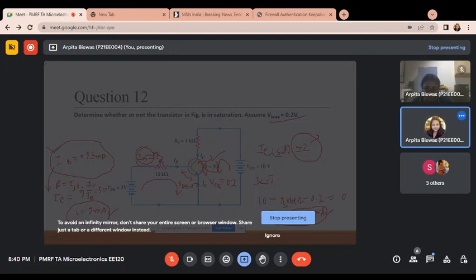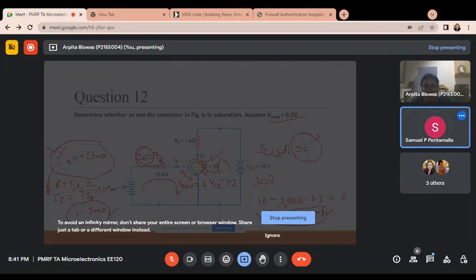Why? Because we have that much input current, it is able to produce this IC current, which is greater than the IC saturation current. That is why 11.5 milliamps is greater than the IC saturation value.